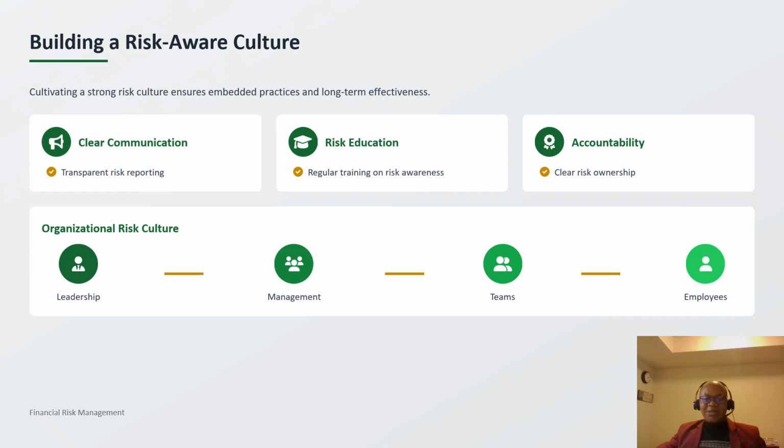Accountability, clear risk ownership must be established and maintained. Again, risk management must be built into the organizational culture through leadership support, proper management, and involvement of employees.